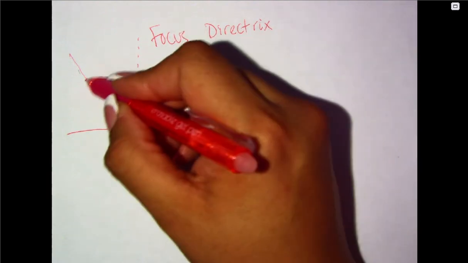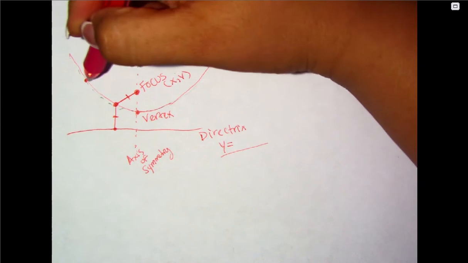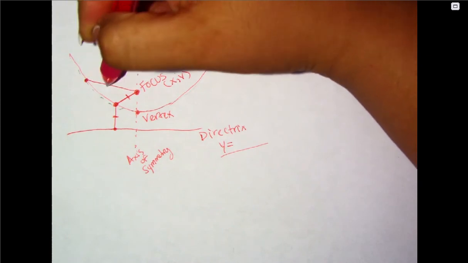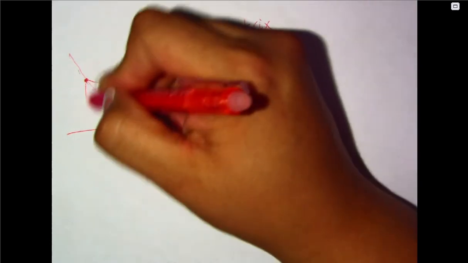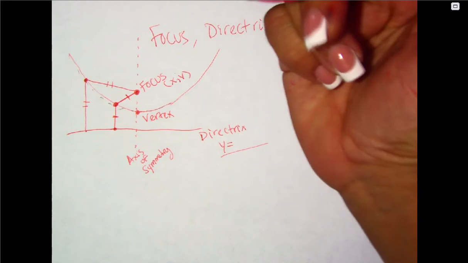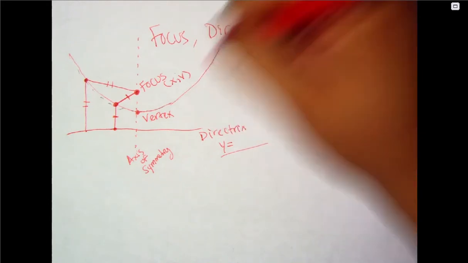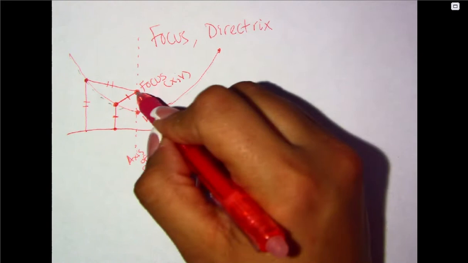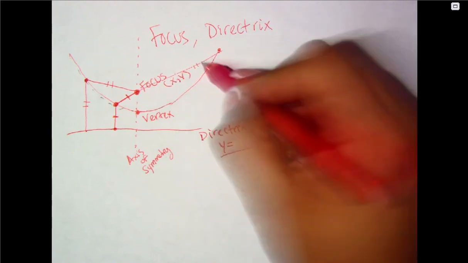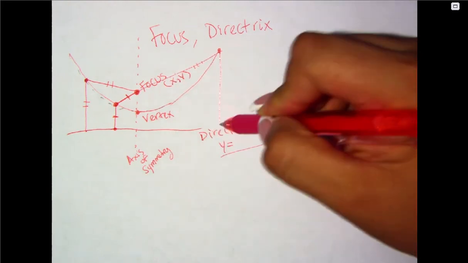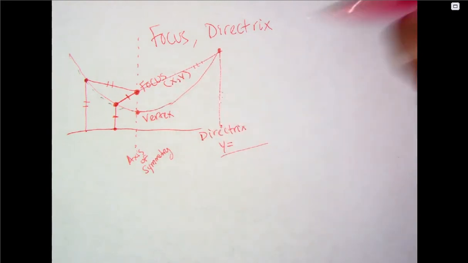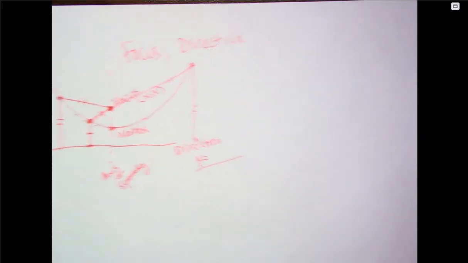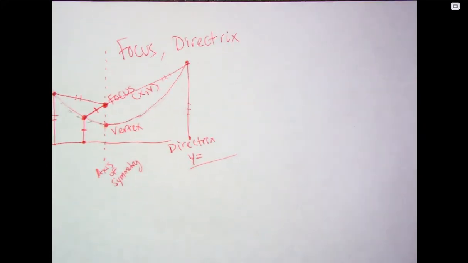Even if I have a point over here, whatever distance it is to the focus, it is going to be the same distance to the directrix. Even if I have it way up here, whatever the distance to the focus, it's going to be the same distance to the directrix. Okay?